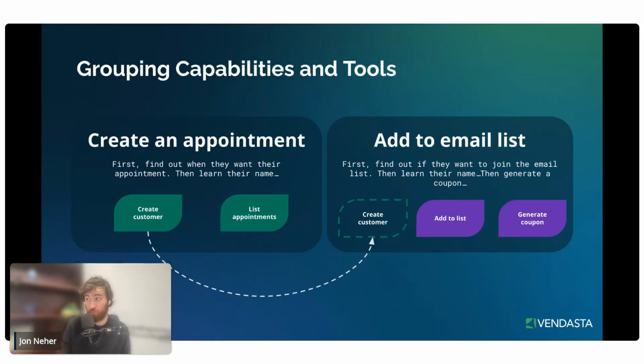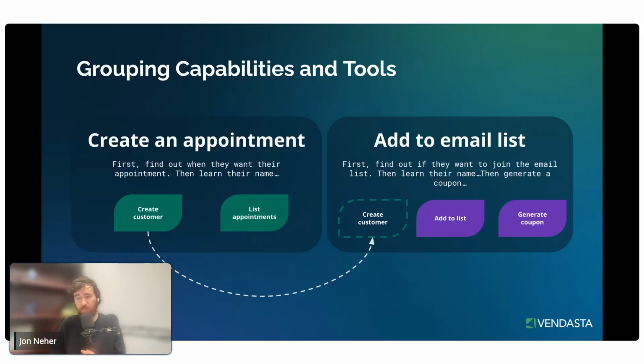Since it doesn't hurt to put a tool in two places, include it in all those capabilities where it might need to be used, but also give instructions on how it can get this information in a different workflow.